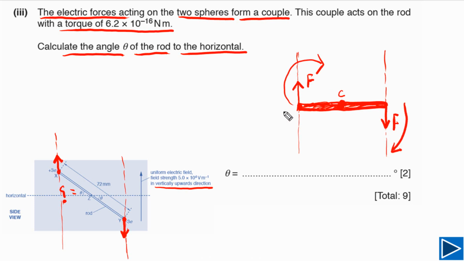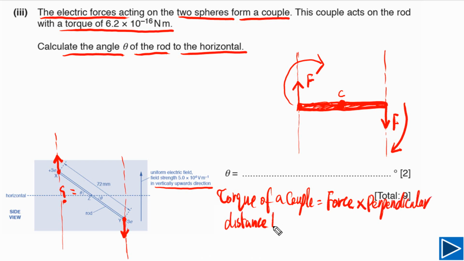To find the magnitude of the torque, we write down here torque of a couple. First, let me explain in a little detail. The magnitude of the torque of a couple you can find by taking the magnitude of one force and multiplying it with the perpendicular distance between the lines of action of the forces.